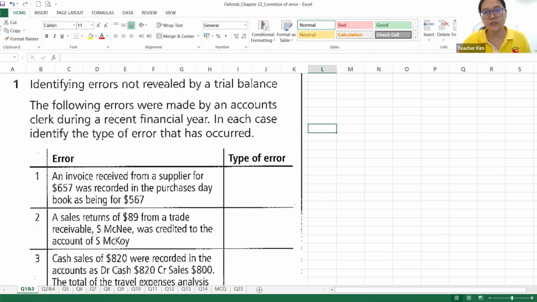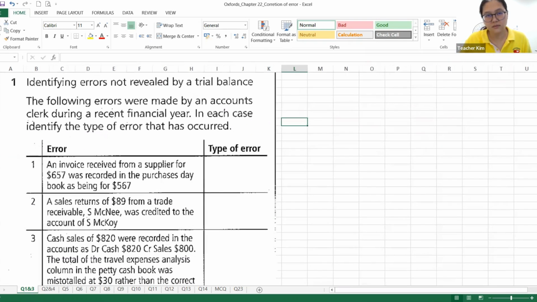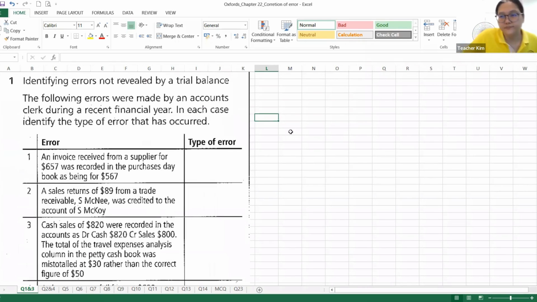If anything, just stop me, then we will discuss. Here they say identify the errors not revealed by a trial balance. It means you have 6 errors not revealed by the trial balance. I just copy-pasted so that at least next week is easier for you.